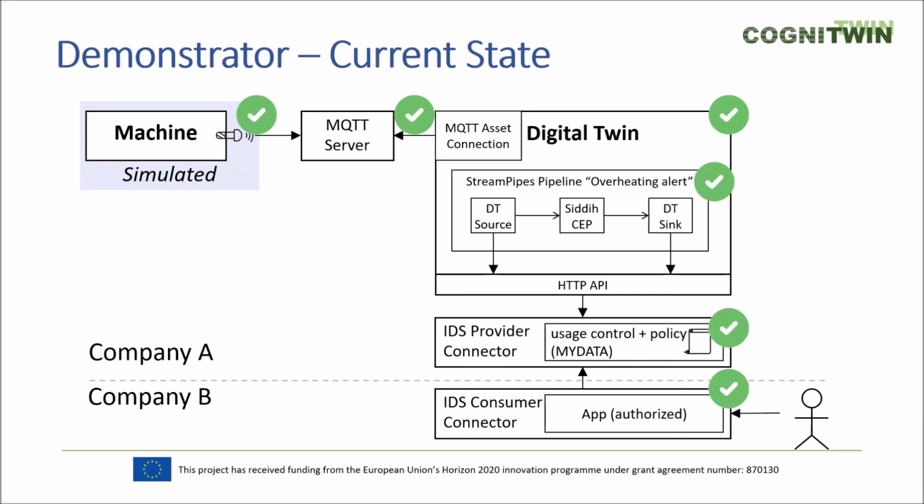On provider side, which is company A, we have a policy defining usage and access control based on the IDS implementation MyData. On consumer side, which is company B, we need the application to run within the IDS connector so that company B can only access the potentially sensitive data of company A via that verified application.